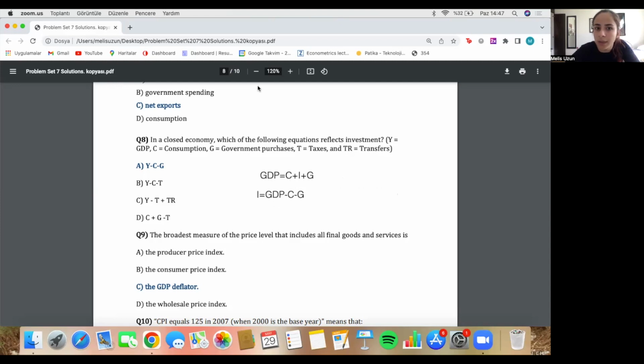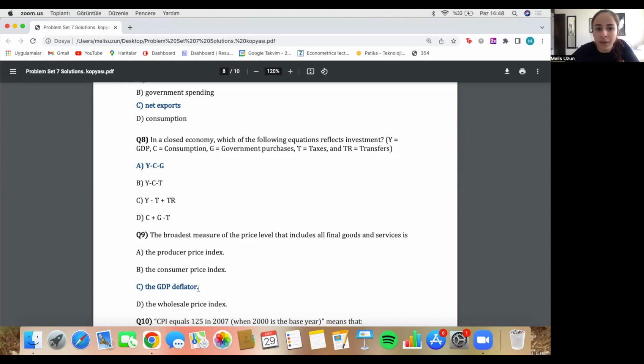GDP can also be written as Y. So you can write it like this. It's the same. So the answer is A.